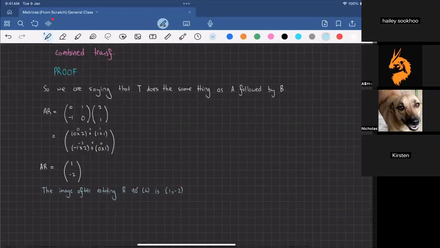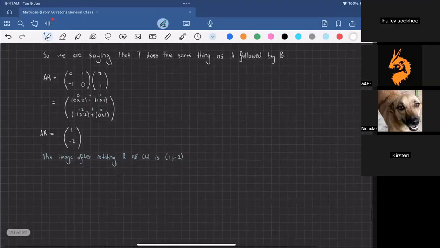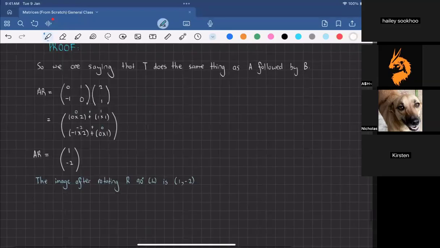Right. But Sasha, are we done yet, or do we have one more transformation to do? What's the next thing we have to do? We have to multiply the answer that we get by B. Right. So look how we're going to write this. We're going to say B multiplied by AR. So what is the other transformation?